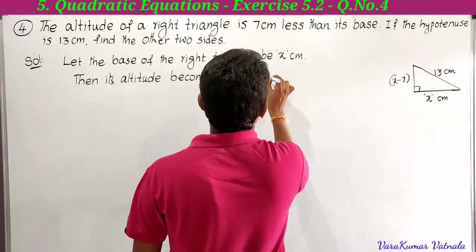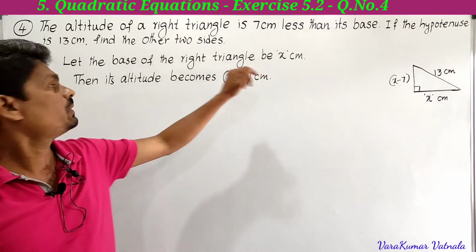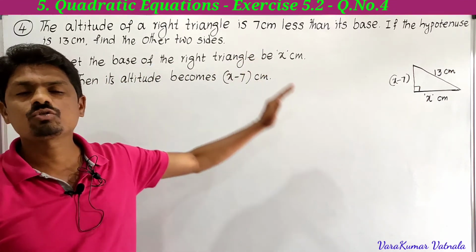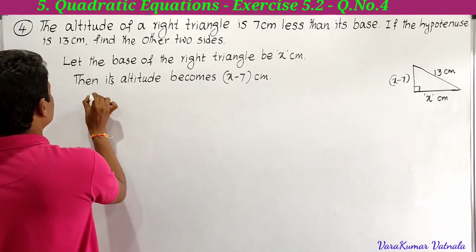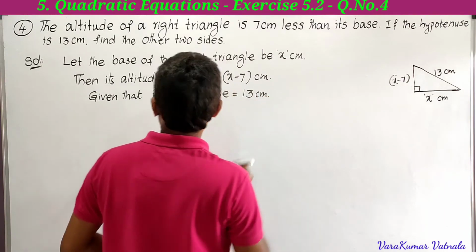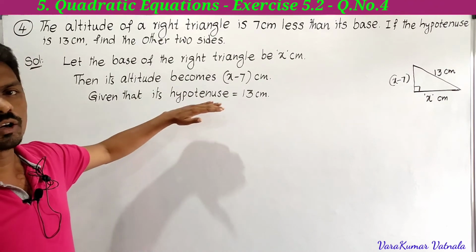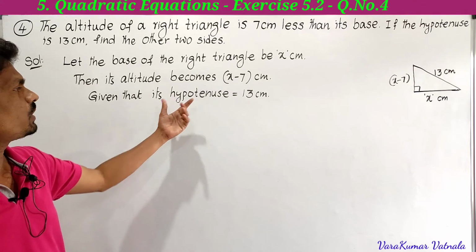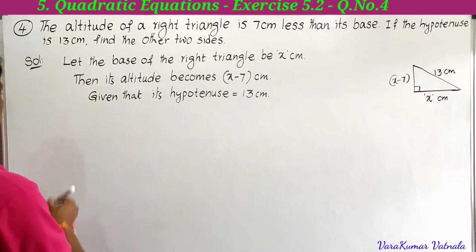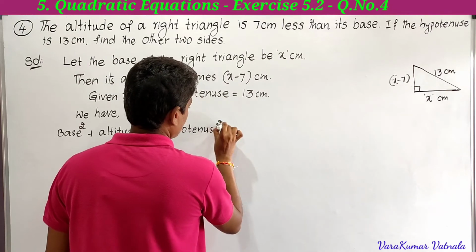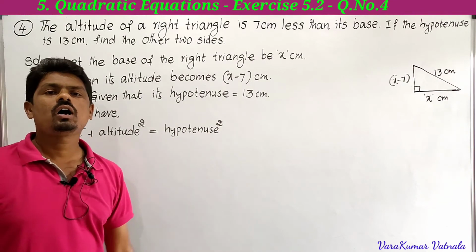So let the base of the right triangle be x centimeters, then its altitude becomes x minus 7 centimeters, and it is given that its hypotenuse is equal to 13 centimeters. According to Pythagoras theorem, base square plus altitude square equals hypotenuse square.